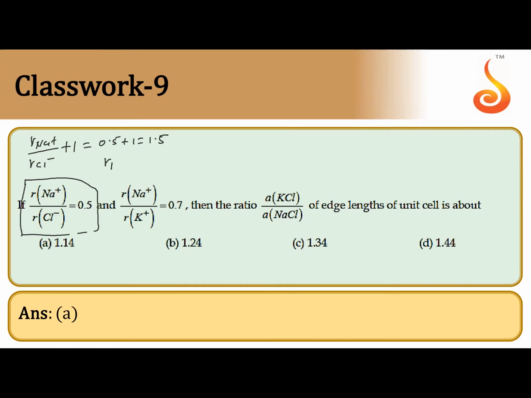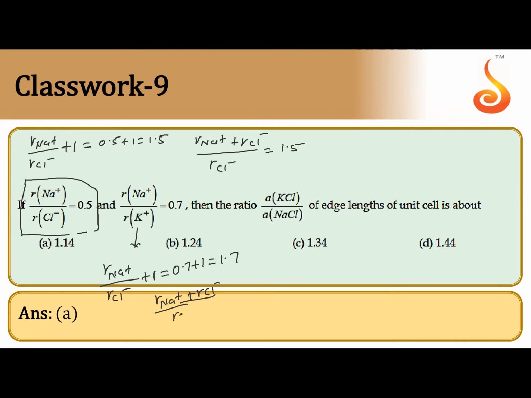This means r Na+ plus r Cl- by r Cl- is equal to 1.5. Similarly, r Na+ by r Cl- plus 1 is equal to 0.7 plus 1, that's equal to 1.7. This means r Na+ plus r Cl- by r Cl- is equal to 1.7.